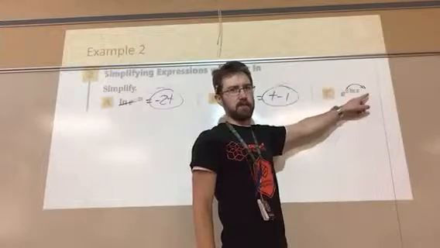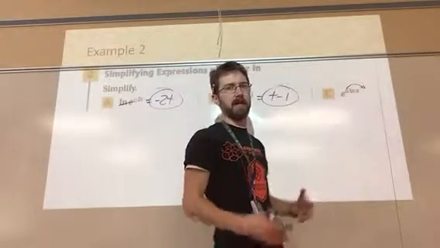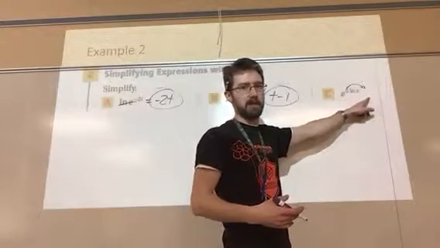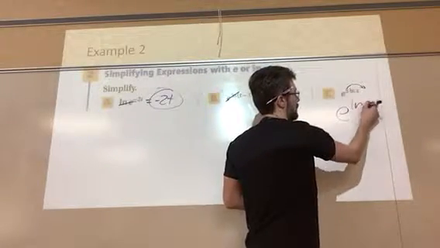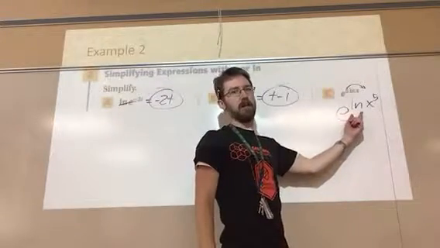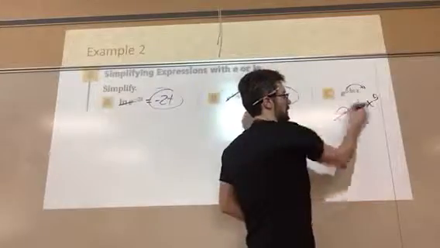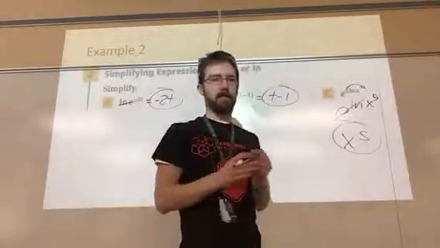When we learned about this, we did more moving it from the exponent out in front, but you can move them back and forth depending on what's convenient for that problem. And in this case, it's more convenient to move the 5 over to the exponent. That makes it e to the natural log of x to the 5th. Now that the e and the natural log are next to each other, cross them out, x to the 5th.